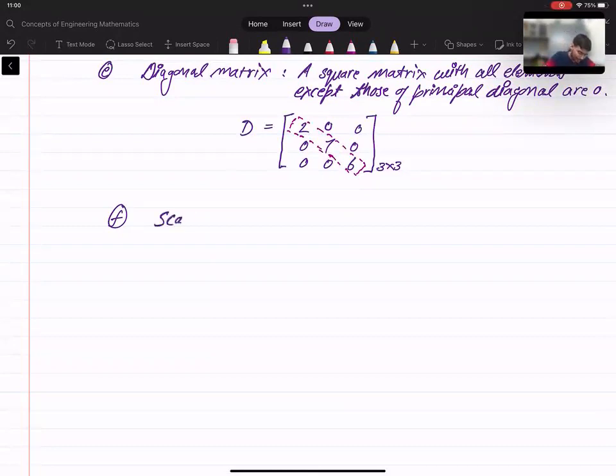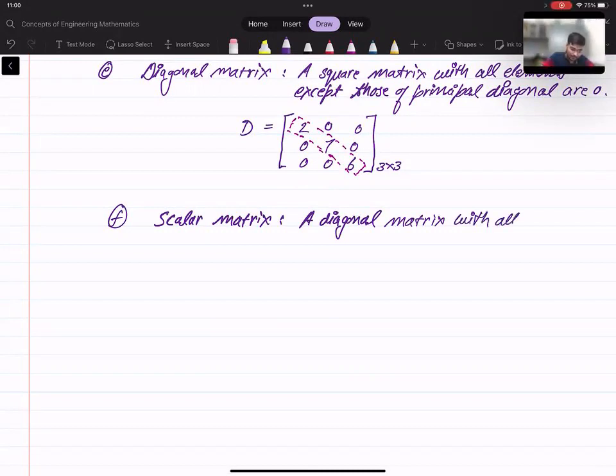So scalar matrix is a diagonal matrix with all diagonal elements equal.